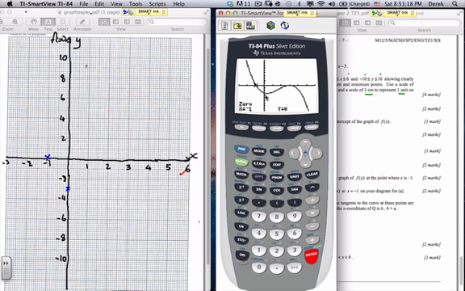Now you can see here that it seems like this x-intercept is actually also your local maximum. So let's look at the local maximum and local minimum. Let's firstly look at our local minimum. So I go to number 3 there, and I do my left bound. I say enter, and then right bound. Then I say enter, and then guess.